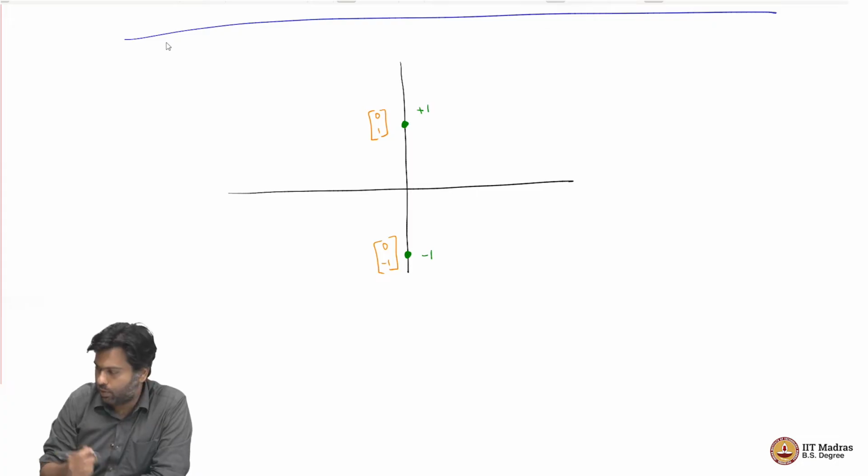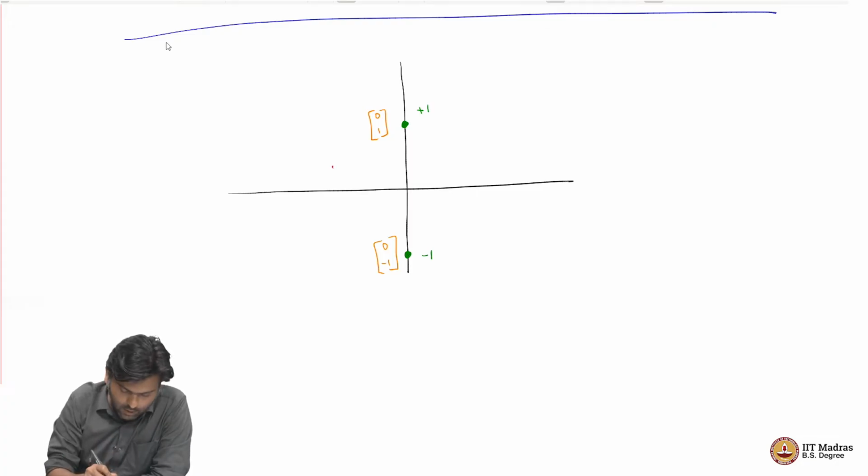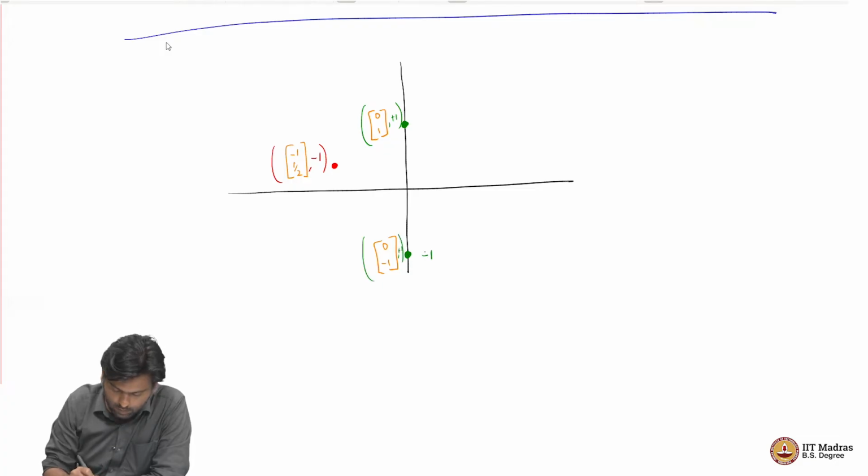And I have a third point, let us say, which is somewhere here, at (-1.5, 0.5), and now this is labeled as -1, right. So, this is a negatively labeled point, the others are positively labeled. This is my data set.